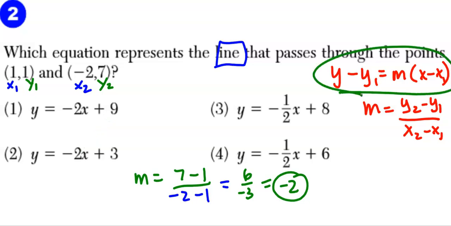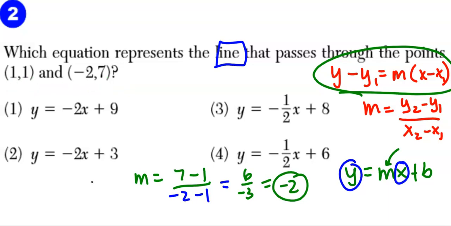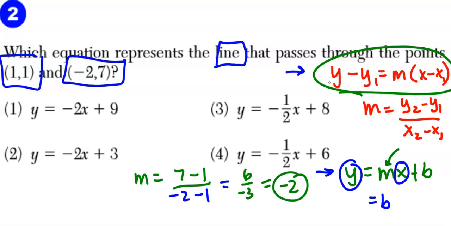I can use this formula, or I can use this formula. Both of them require a slope, and both of them require an x and y point. Any point you want. You can choose either one of these points. Both will work. Now with this one, when you're done, you'll find b. With this one, when you're done, your entire equation will be written.